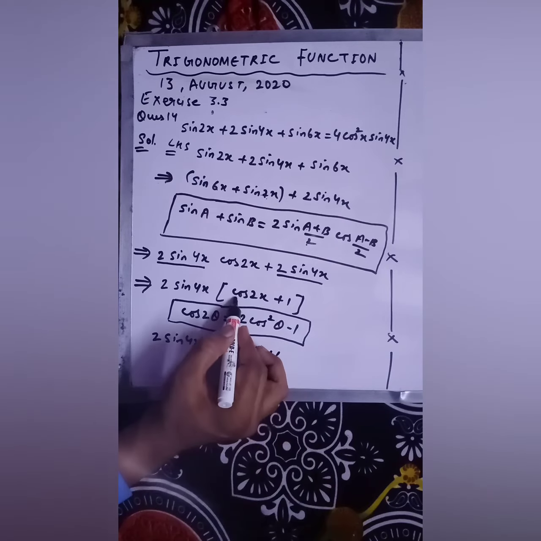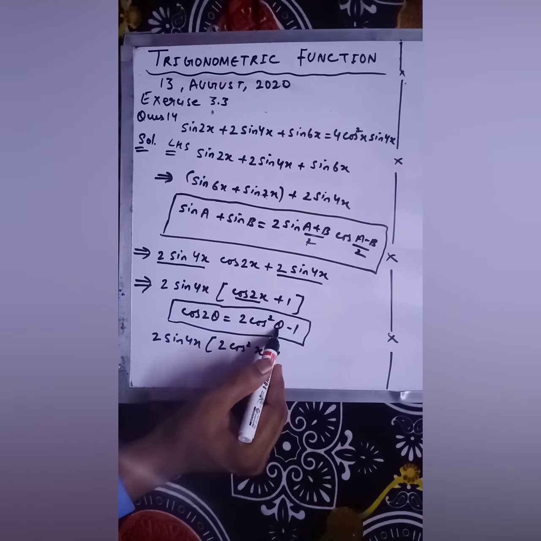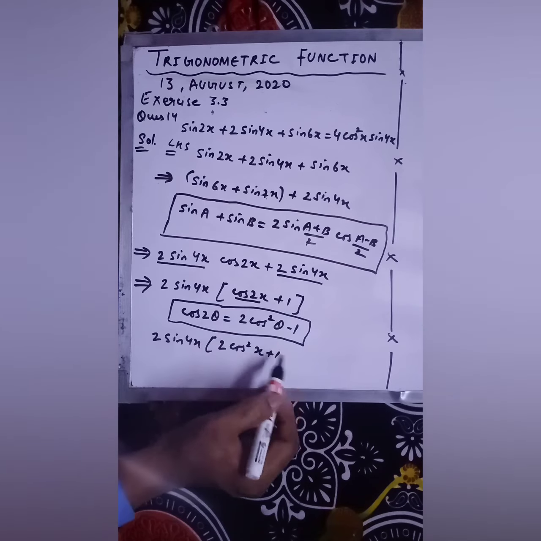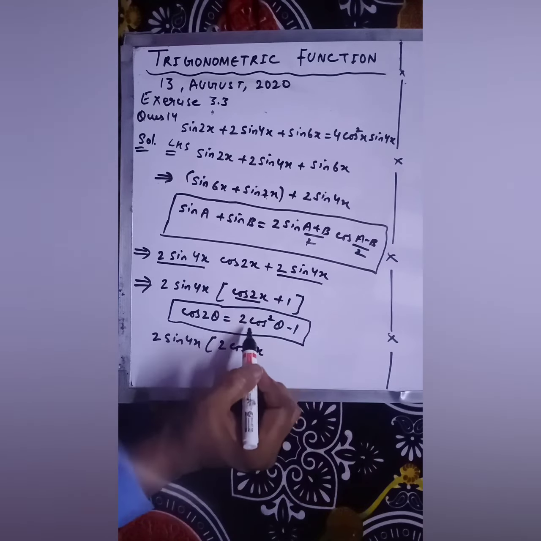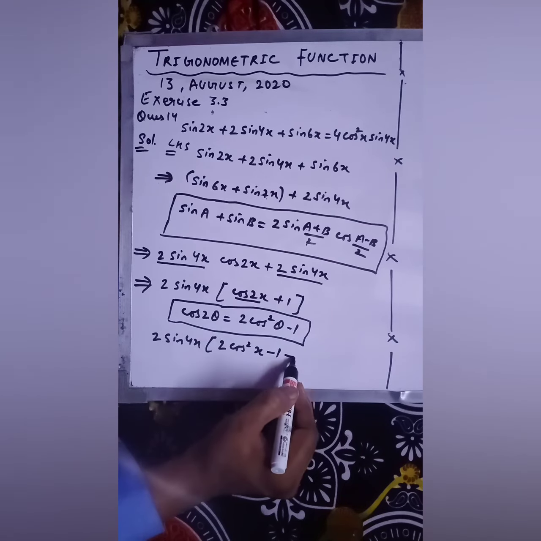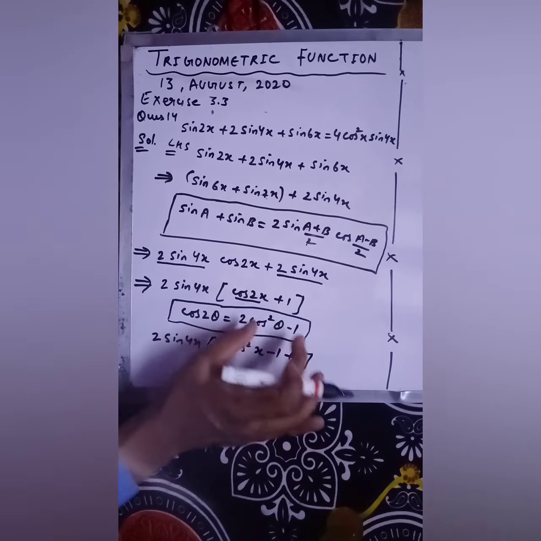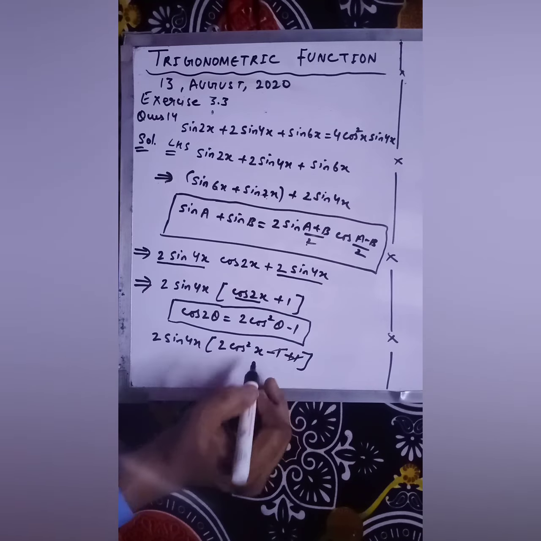What we are doing at a place of this, we are writing this whole formula. If you compare, your theta will be x, so at a place of theta you have to write only x. This would be minus 1 and then plus 1. This 1 and 1 will cancel out.